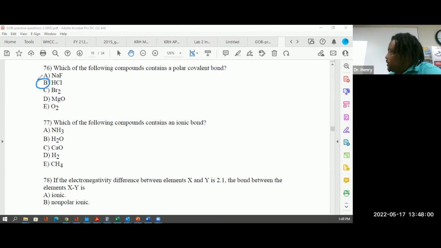Which of the following compounds contain an ionic bond? A, ammonia; B, water; C, calcium oxide; D, hydrogen gas; E, methane gas.